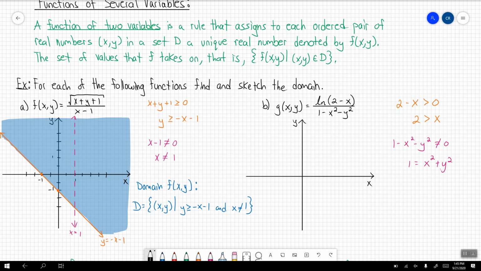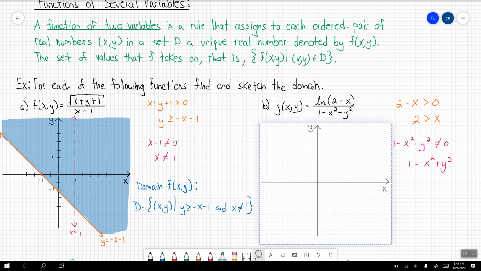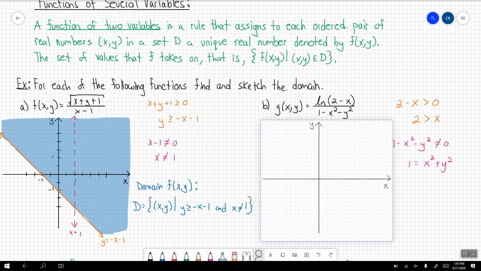So let's go ahead, and I'm actually going to move this a little bit. There we are. Let's move this over here. There we go. Perfect. All right, so let's go with that. Let's put some tick marks on here.